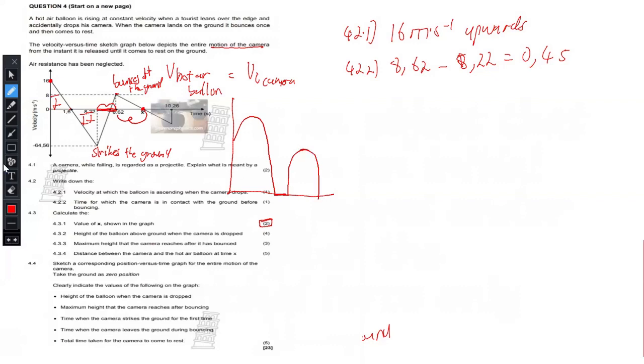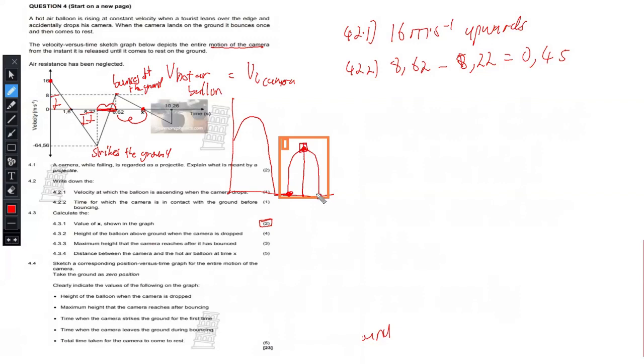Now, what we have created here is a perfectly symmetrical graph, right? This is a parabola and it's perfectly symmetrical, which means that the time it takes to go from the ground all the way to the maximum height will be the same time it takes from the maximum height back to the ground.